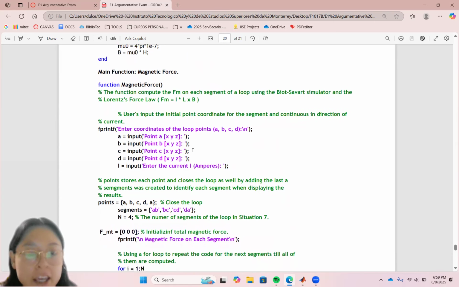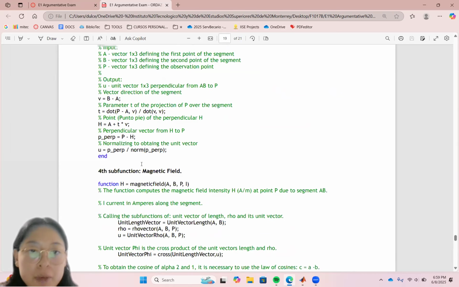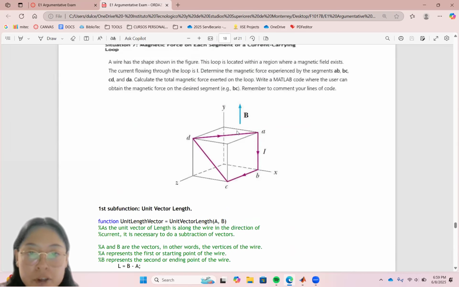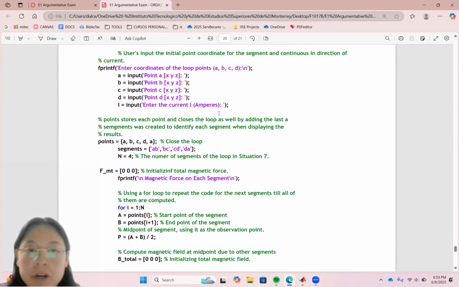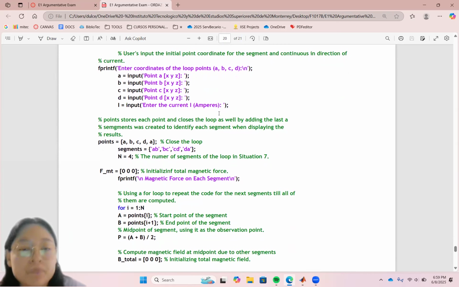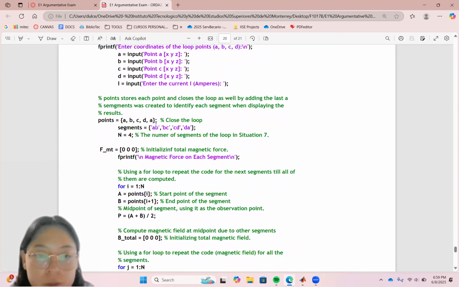So I asked the user to input the values of A, B, C, and D that we can see here, which are the points of the loop. And then enter the current, because we can't know the magnetic force if we don't know the current. And then to close the loop, I finally add A again to close it.